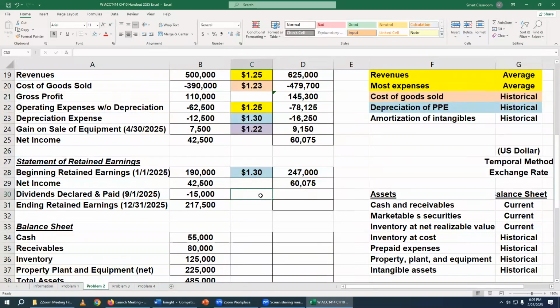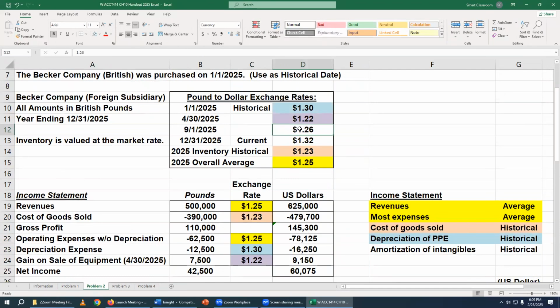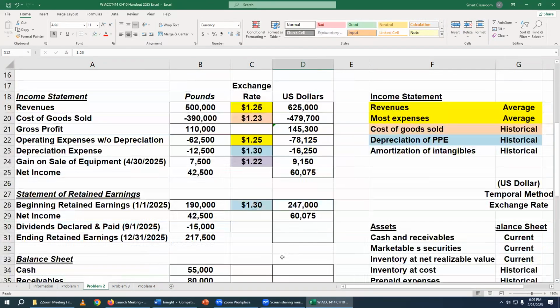Dividends were paid on 9/1. 9/1 is that. Green, 126.